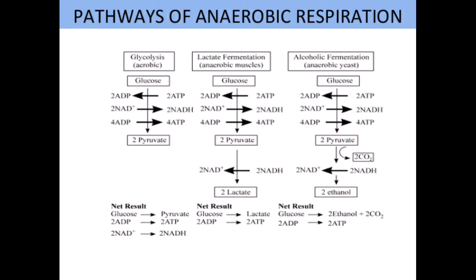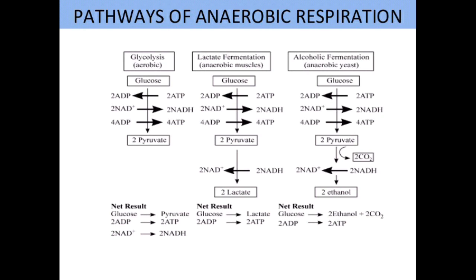Pathways of anaerobic respiration. Glycolysis, that is in the case of aerobic respiration, 2 pyruvic acid is formed. Lactate formation, that is also anaerobic respiration in the muscles, also changes into 2 pyruvic acid.